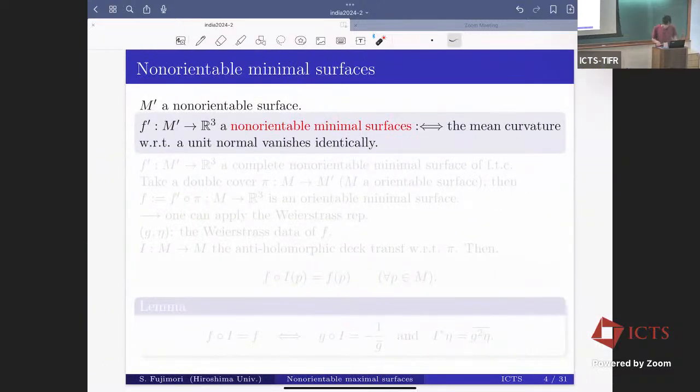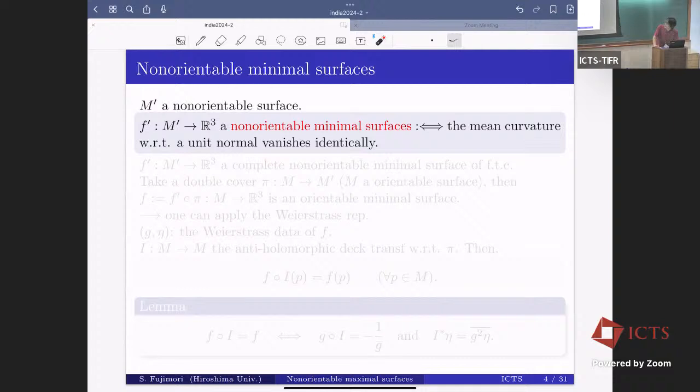So now we consider the non-orientable minimal surface. Let M prime be a non-orientable surface. We say F prime, a map from M prime into R3, is a non-orientable minimal surface if the mean curvature with respect to a unit normal vanishes identically.